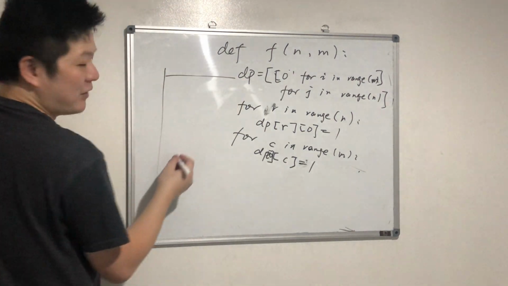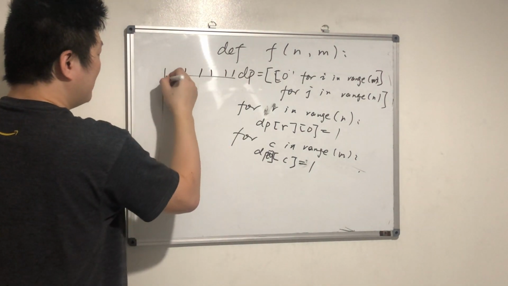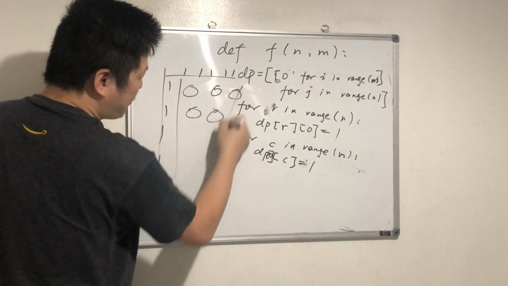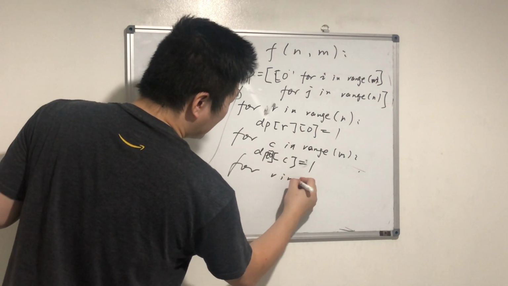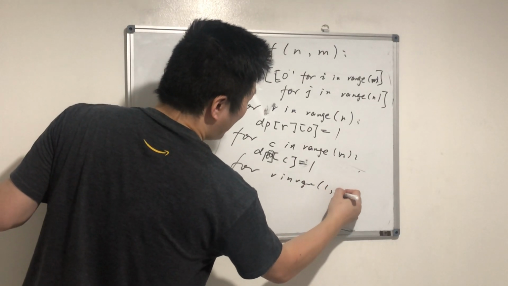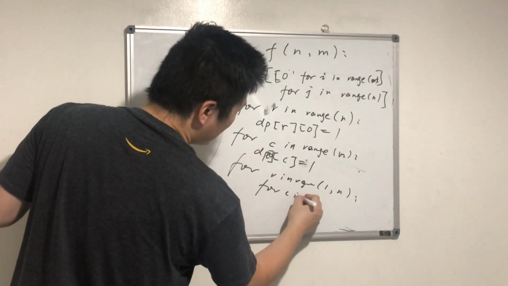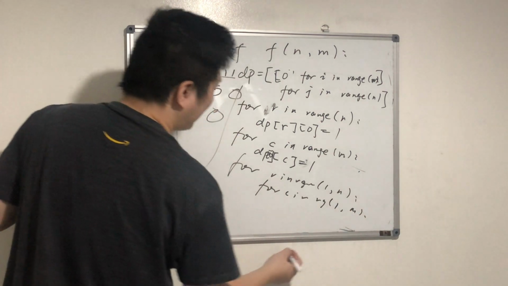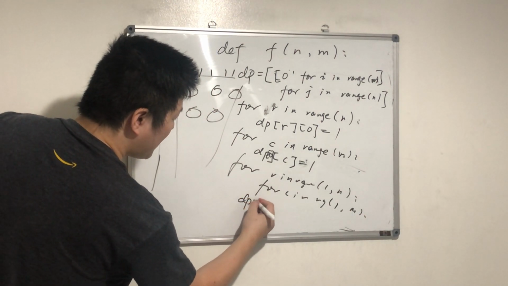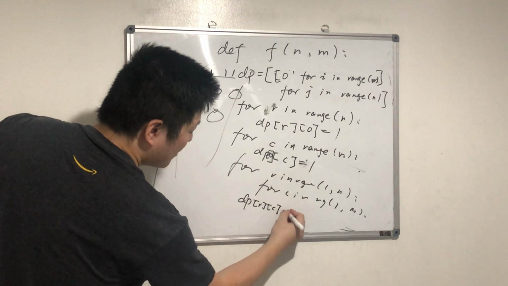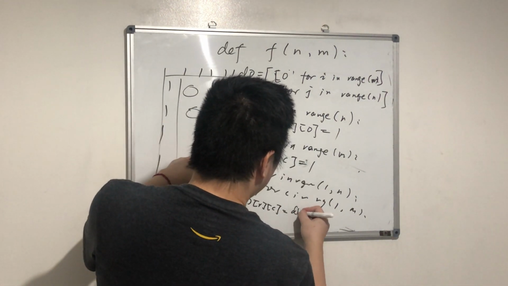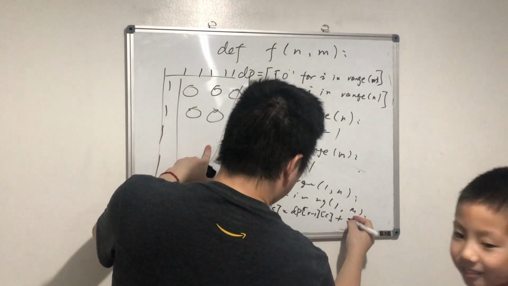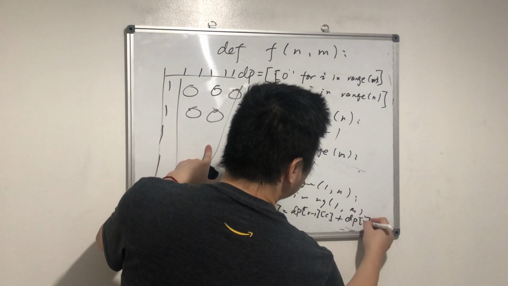So that first row is 1, right? I put a 1 here, and a 1 here, and then for other values in the matrix, for r in range 1 to n, for c in range 1 to m, dp[r][c] equals what? dp[r-1][c] plus dp[r][c-1].